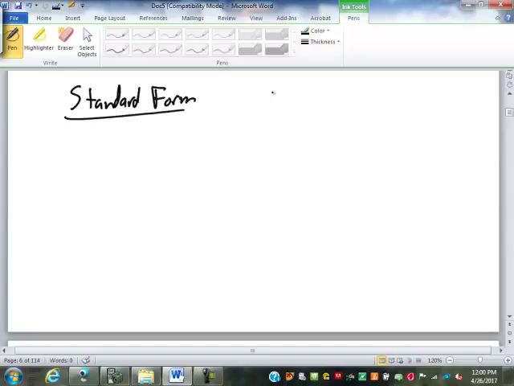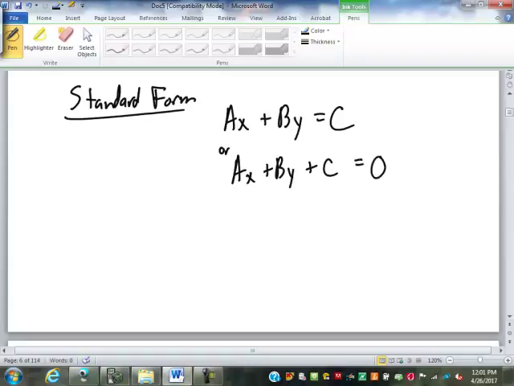in the standard form of a line, it's some number times x plus some number times y equals a constant, or it's often some number times x plus some number times y plus some constant equals 0. This is technically the formal standard form, but this is often called standard form as well.